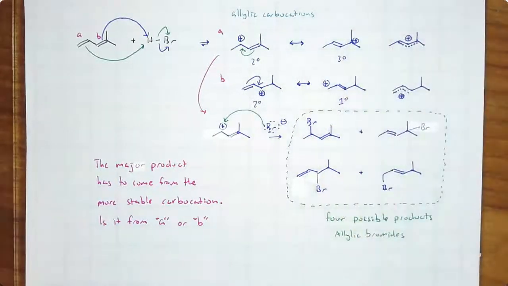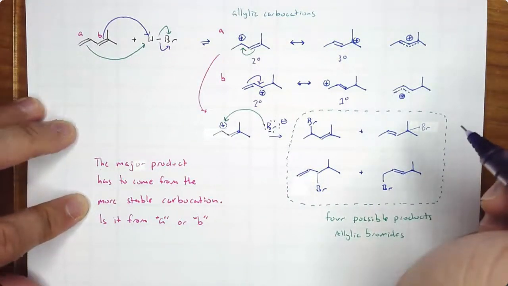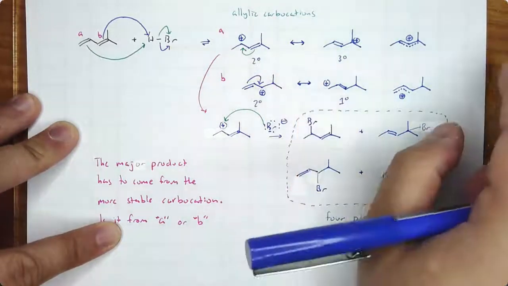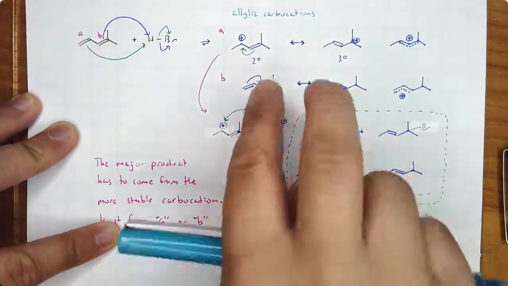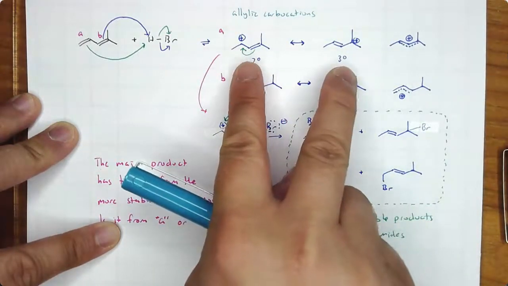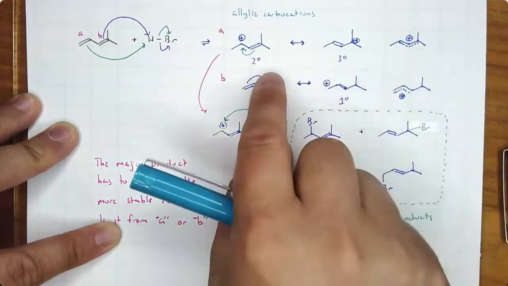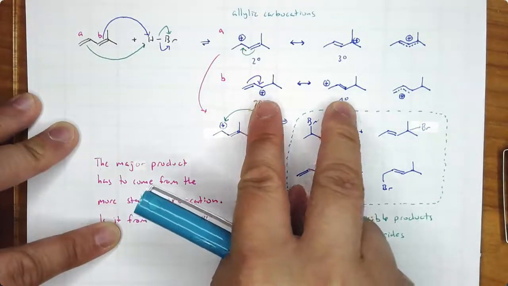Okay. When I say the major product has to come from the more stable carbocation, you're not choosing one of these structures. You're choosing a set. And here we see that A is the winner because a combination of these 2 contributors gives me a hybrid that is more stable than the combination of these 2 resonance structures and this hybrid.